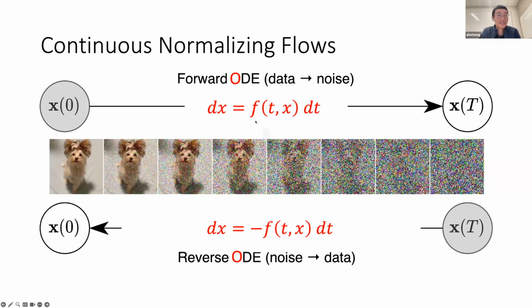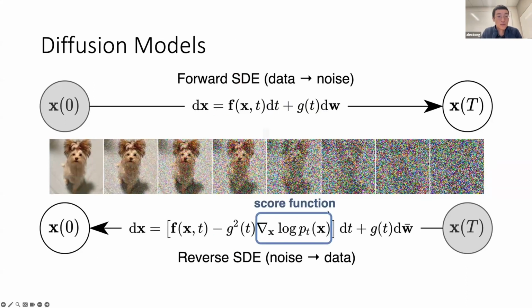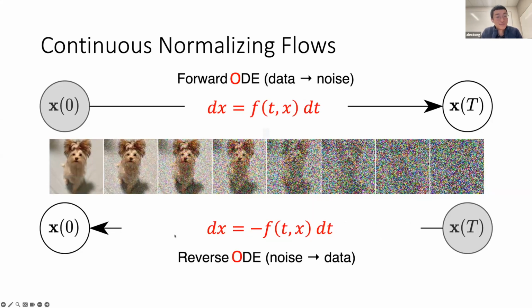So you have just the flow and no noise. And then the reverse ODE, there's no score function correction, right? This g(t) term is 0. So it simplifies down to be exactly the same thing. You don't need this. So it's just negative f, basically. And so you reverse the ODE to get back from the noise to the data.